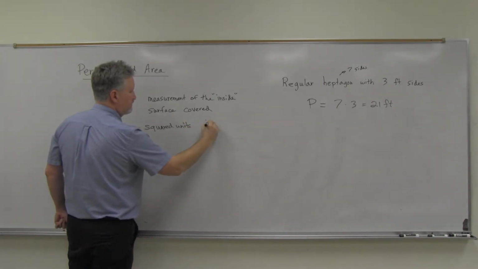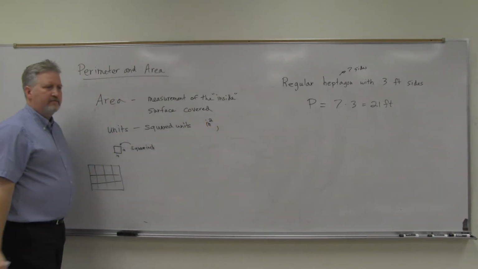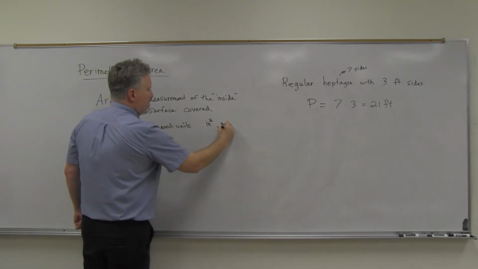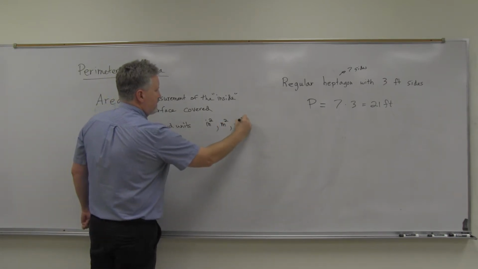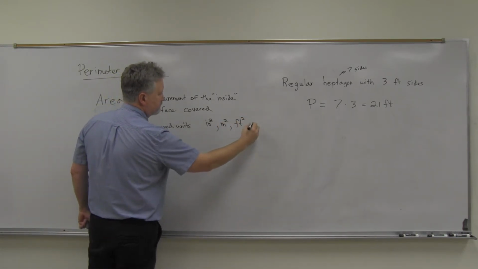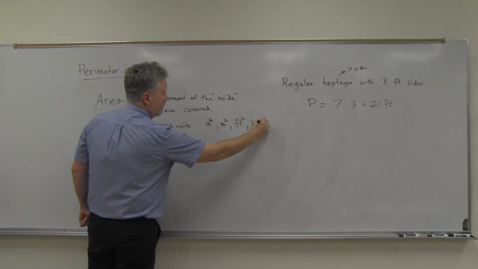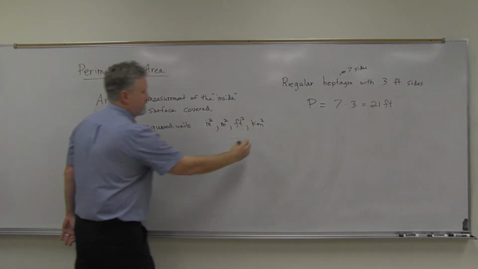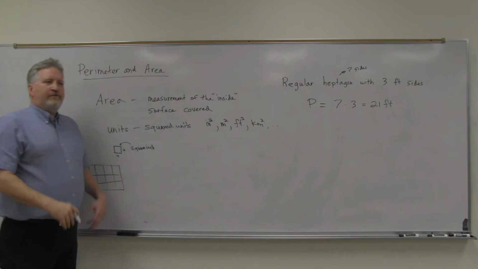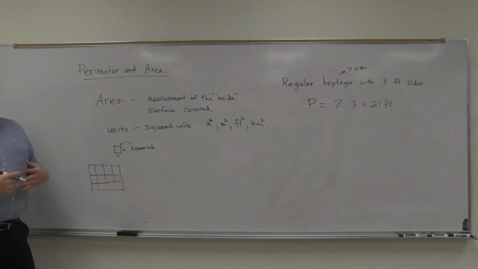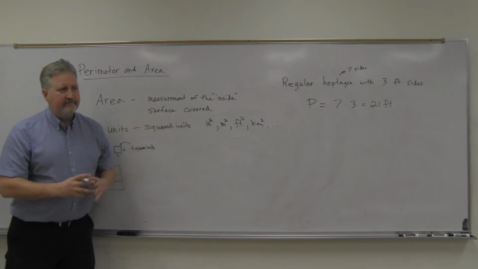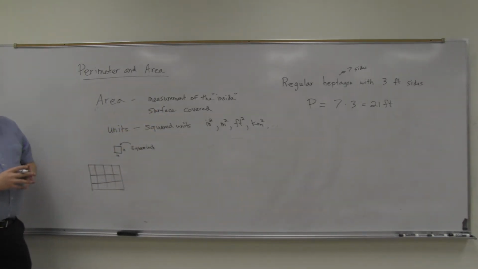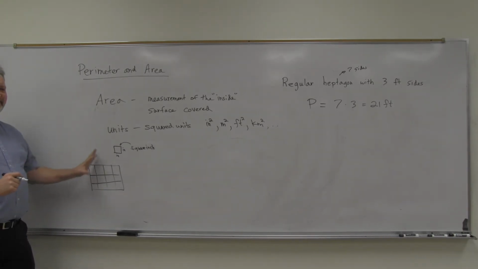Inches squared, that's how we usually write it. Meters squared, feet squared, kilometers squared when you've got a bigger figure, et cetera. So when you're calculating area, you're calculating how many of these little squares, or big squares, like square miles, go in your figure.